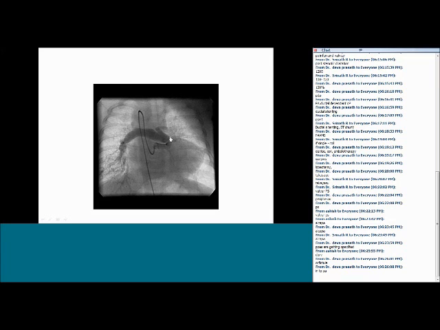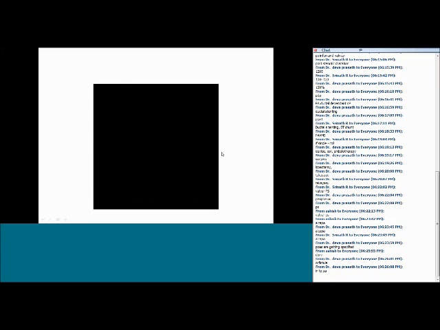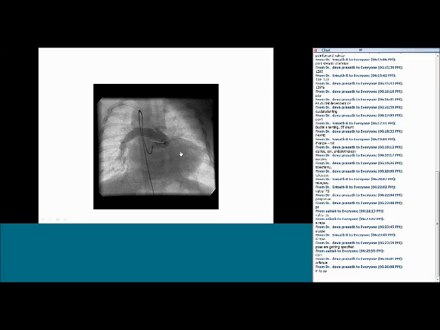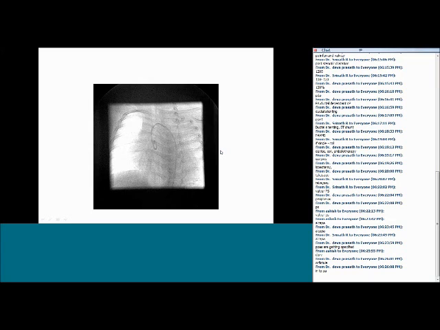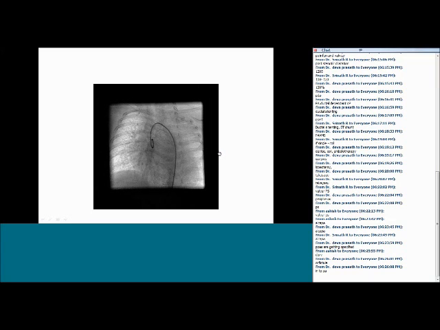So this is sort of a coronary to pulmonary fistula, but ideally looks like a pulmonary artery arising from the coronary artery. Okay, diagnosis.